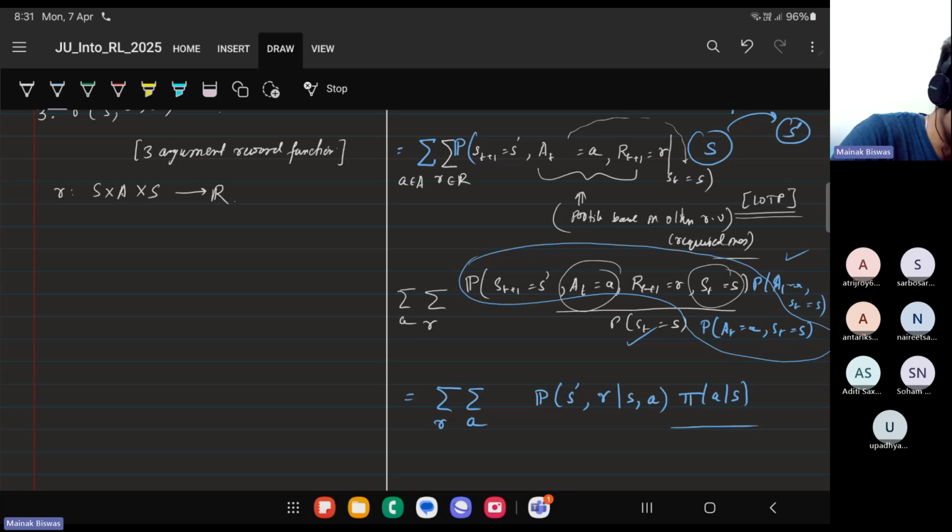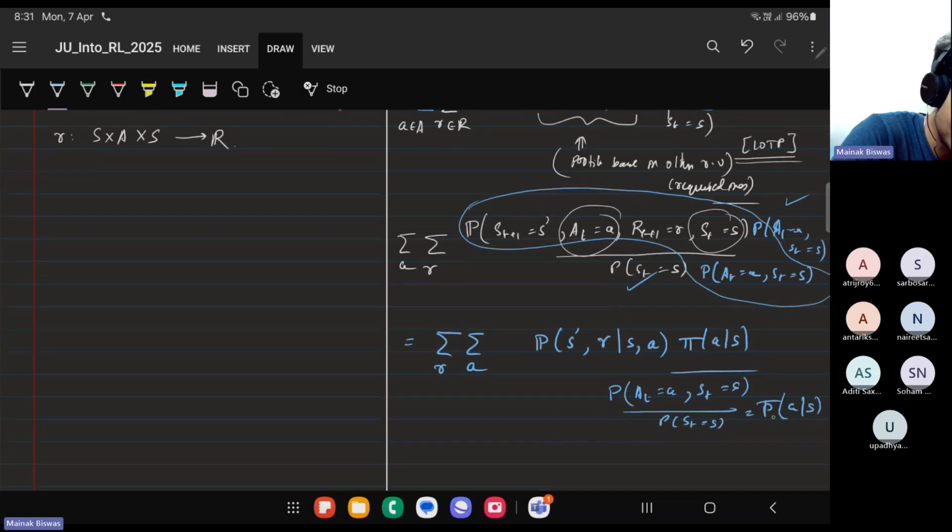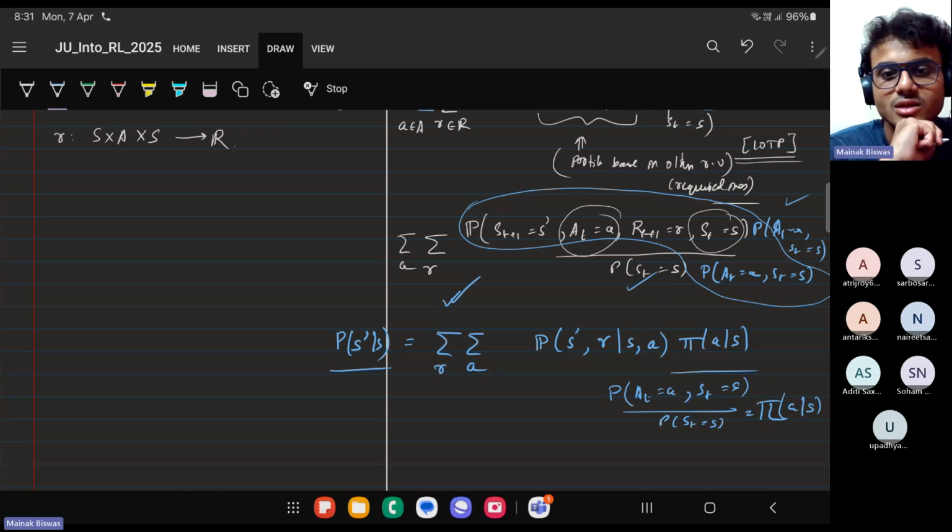Yes or no? Here, what did I just do? The ratio of the probability of A_t, S_t over the probability of S_t = s is just pi of a given s. You can think of it as P of a given s, but we have defined that as pi, so I'll just rewrite the variable name. Is that fine with everyone? Okay, so this is your transition probability from s to s'. Any questions?